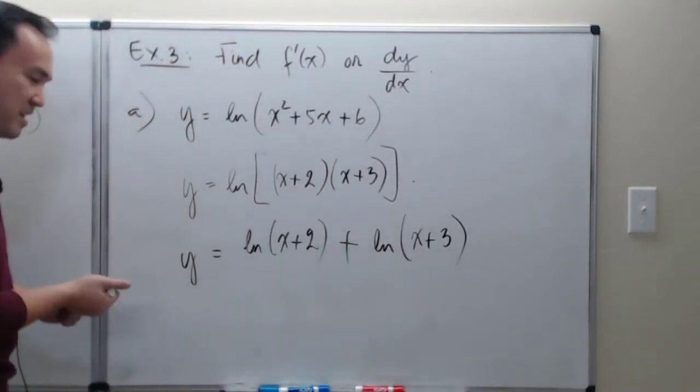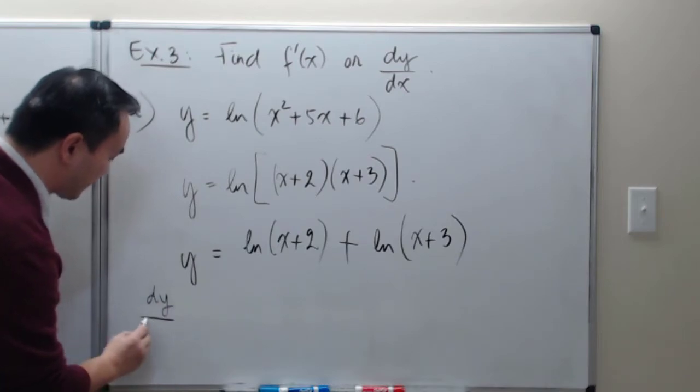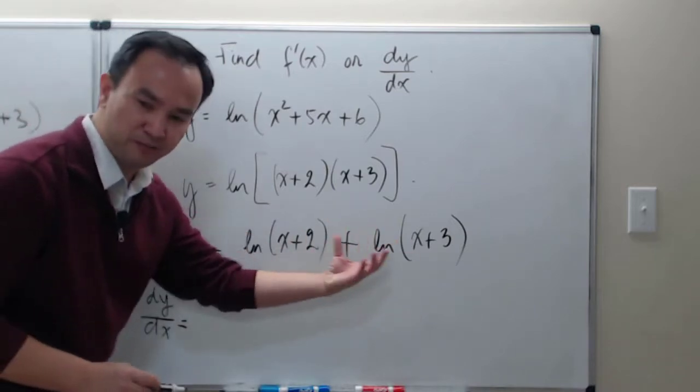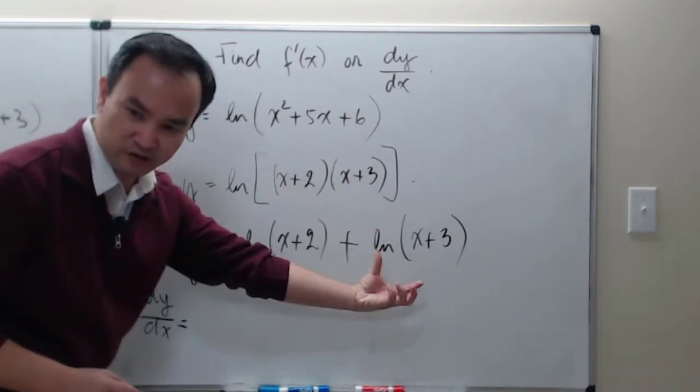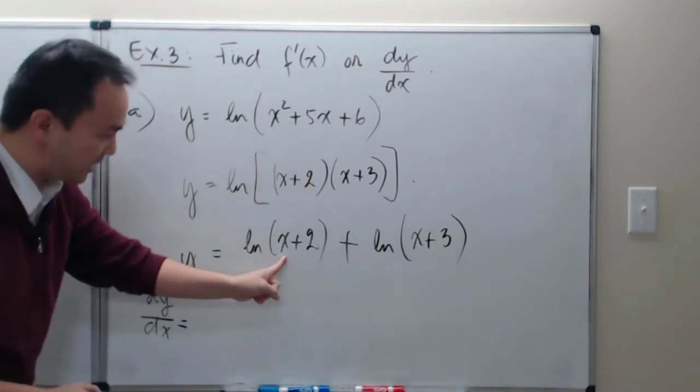So now here come our derivative steps. dy dx. The sum rule says we take the derivative term by term, so I'll take the derivative here and I'll take the derivative there. Taking the derivative of the first term, we have a little bit of inside here.